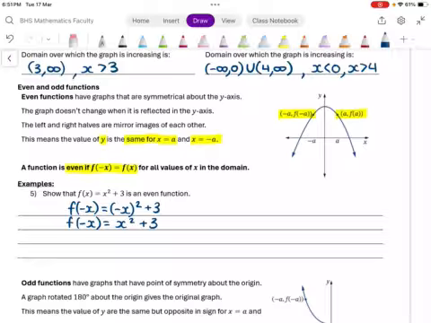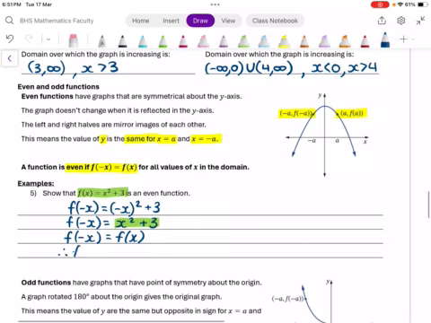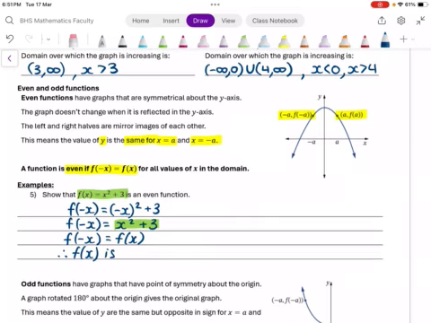Now, what we will notice is that our f of x is x squared plus 3. So what that means is that our f of negative x is equal to our f of x. And so therefore, f of x is an even function because this property is true.